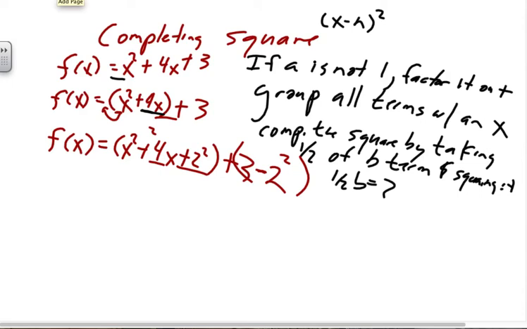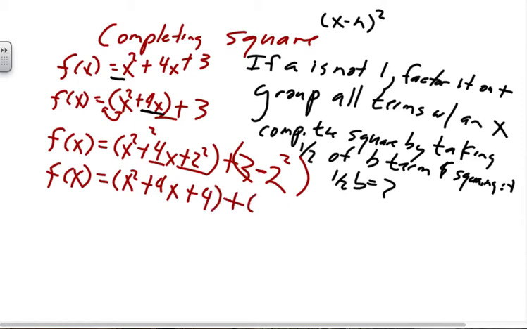Now we come back in. I'm going to have f of x will be x squared plus 4x plus 4 plus a negative 1. 3 minus 4 is a negative 1.